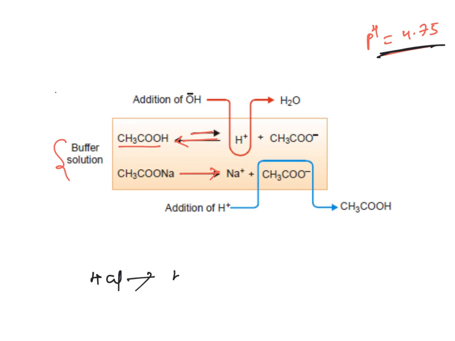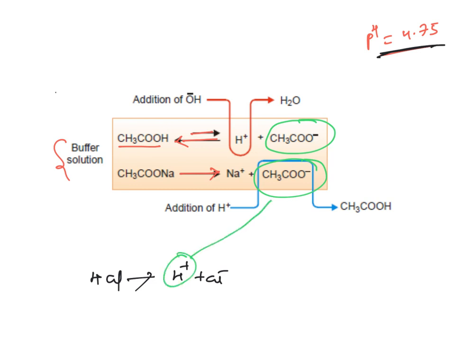HCl dissociates into H plus and Cl minus. Once it is dissociated as H plus, in the solution we have the negatively charged acetate ion present. What happens immediately?